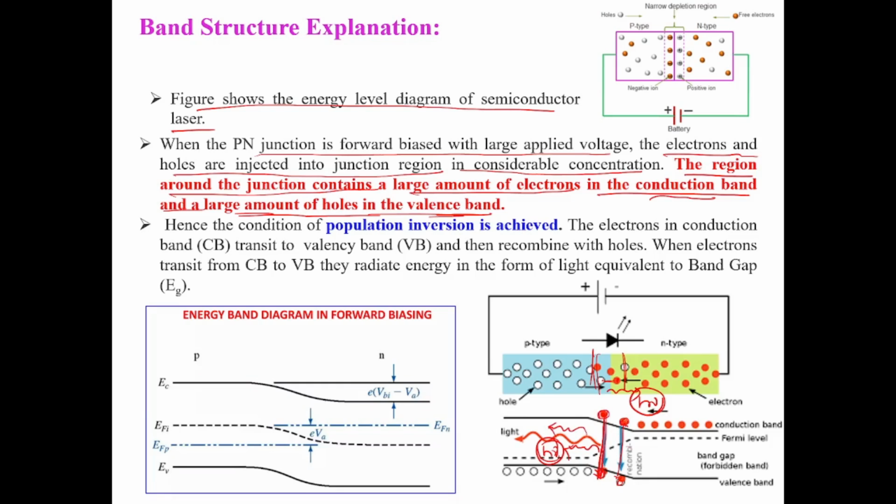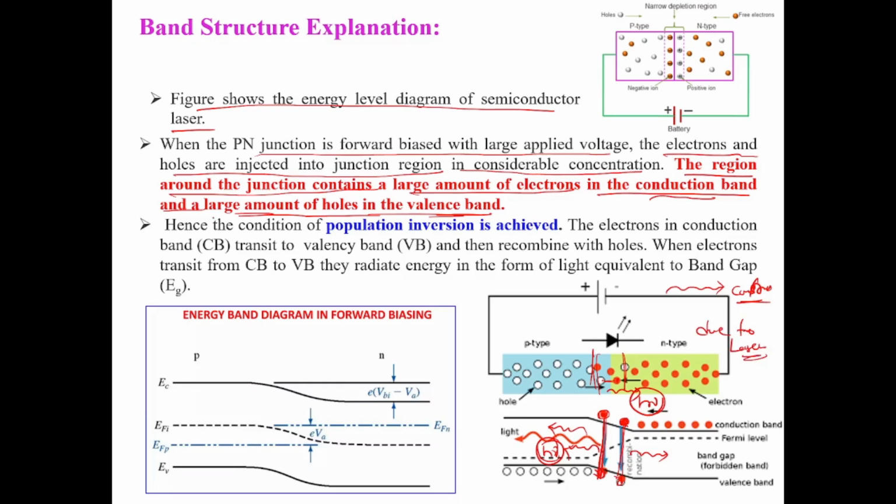And if this electron is stimulated and recombined, another photon will be generated. Likewise, in a fraction of a second, a large number of photons will be generated due to this process, and all the photons will interfere with each other constructively, due to which we can find laser action.